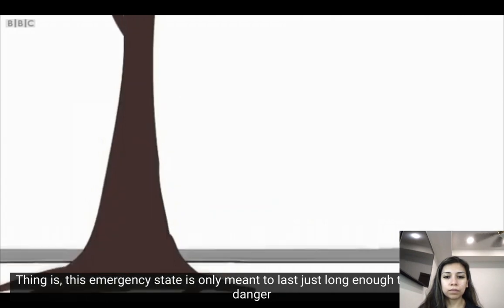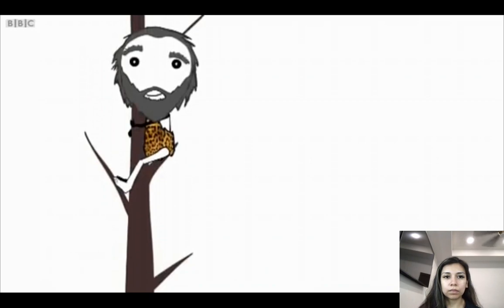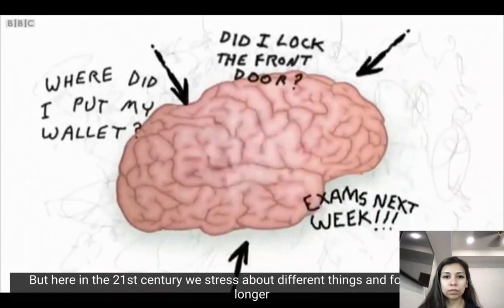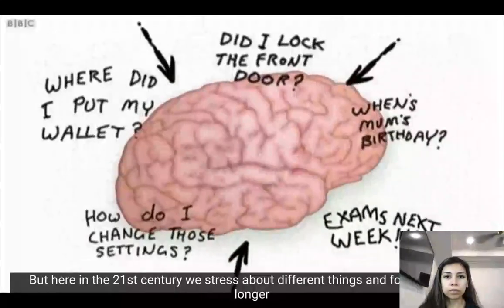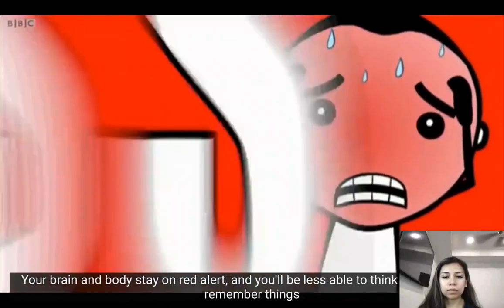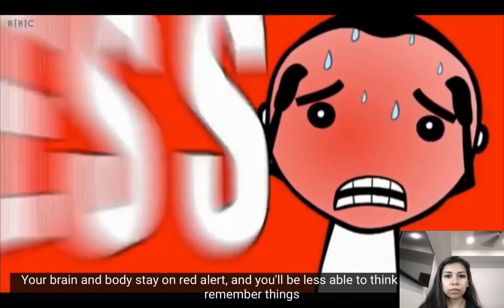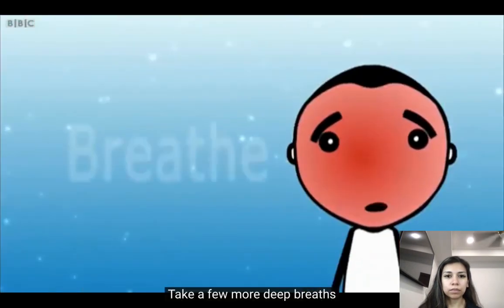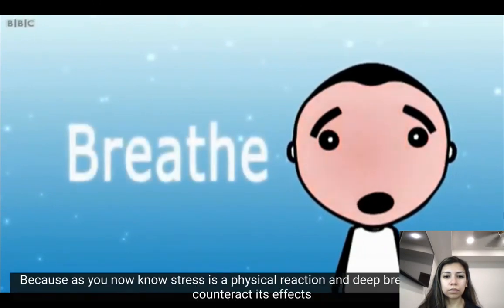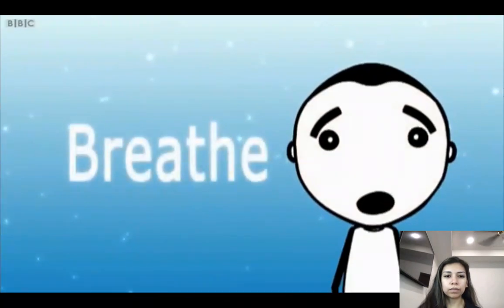Thing is, this emergency state is only meant to last just long enough to get you out of danger. But here in the 21st century, we stress about different things, and for much, much longer. Your brain and body stay on red alert, and you'll be less able to think clearly, learn, or remember things. Take a few more deep breaths, because as you now know, stress is a physical reaction, and deep breathing helps to counteract its effects.